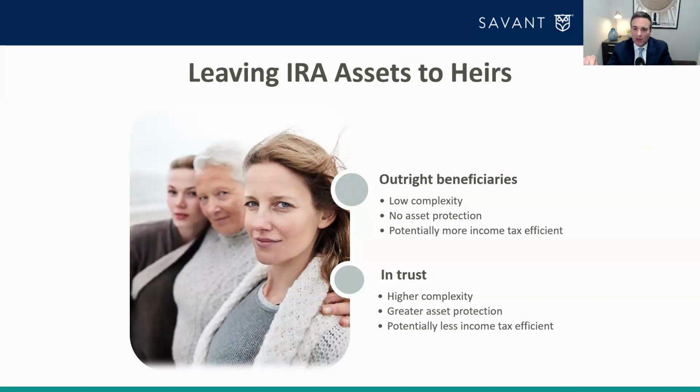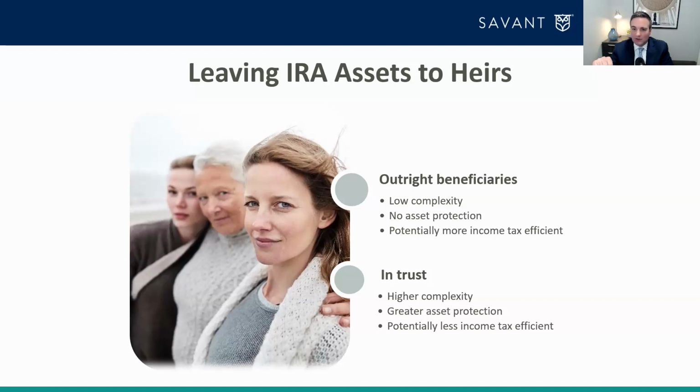And I want to make another point clear again: when you're in that 10-year payout period, that sets the pace for the rest of time while that account's open, even after your death, if you pass away before the end of the 10 years. So I just want to make sure we don't lose sight of that point I made.